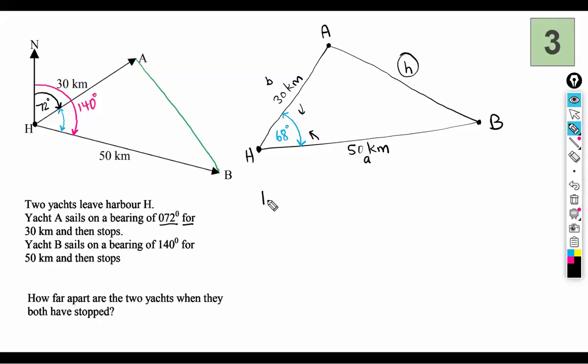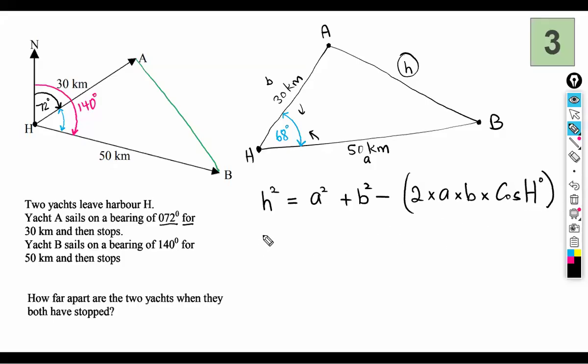It's the cosine rule again. h squared is equal to a squared plus b squared minus open brackets 2 by a by b by cosine capital H. Let's substitute in some values here. Common a, what is common a? That's 50, b is 30, minus 2 by 50 by 30 by cosine 68.